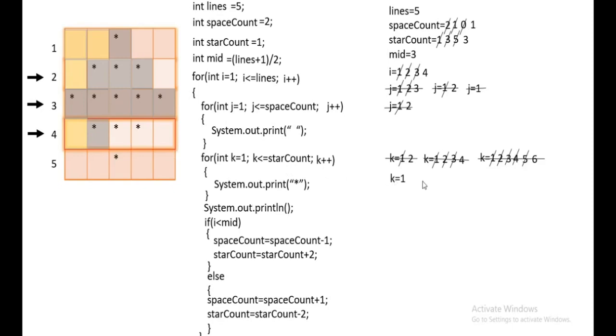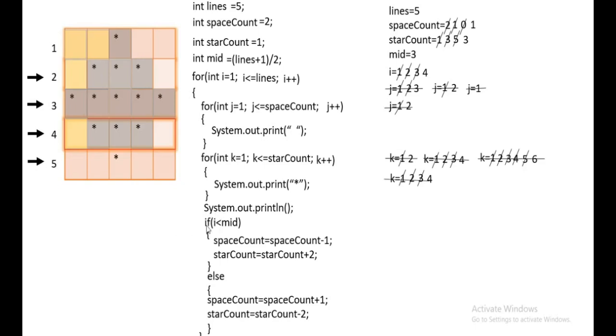Then k becomes 2, 2 is less than or equal to 3, so again print a star. Then k becomes 3, 3 is less than or equal to 3, so print a star. Then k becomes 4, but 4 is not less than or equal to 3, so end this for loop and print a new line.